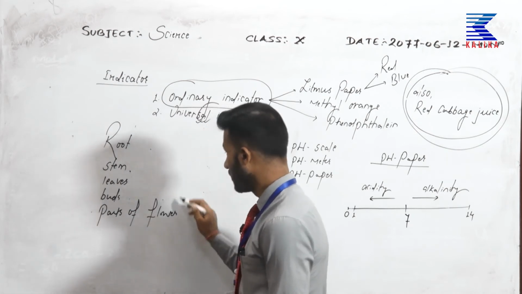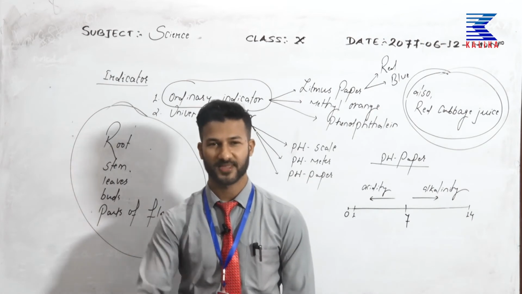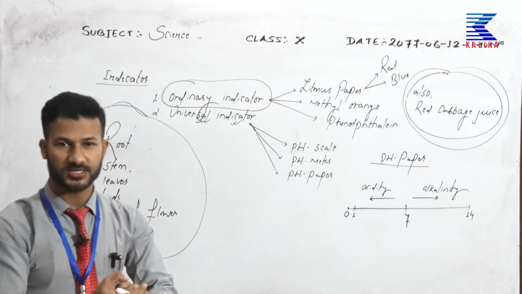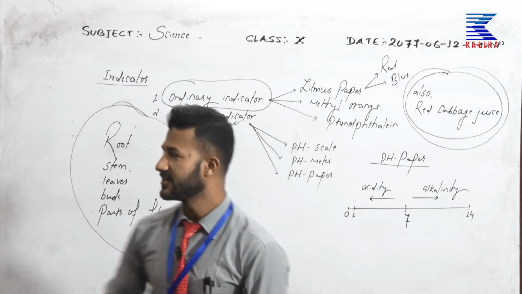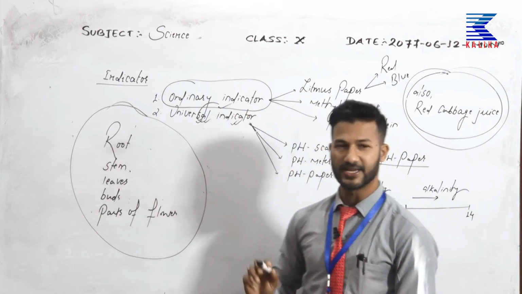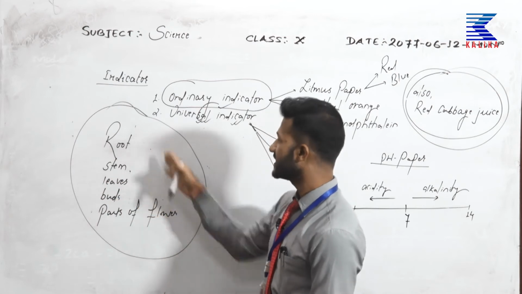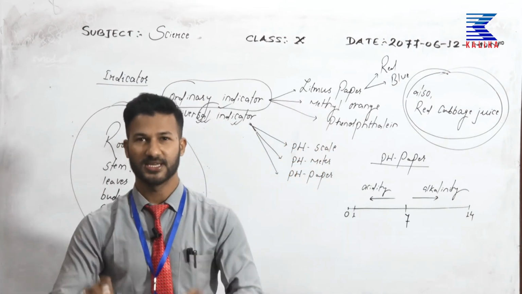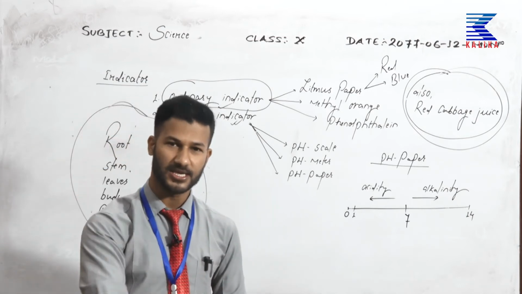When these parts of particular plants are collected, crushed, refined and chemically processed, we get ordinary indicator. So, I said ordinary indicators are fully organic, meaning they are prepared from different parts of plants after they are chemically processed.